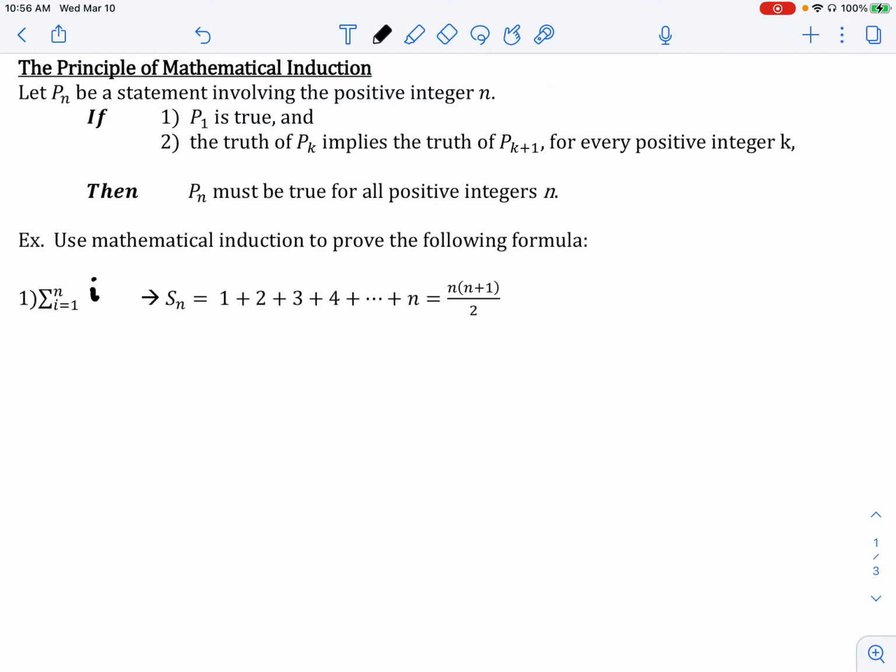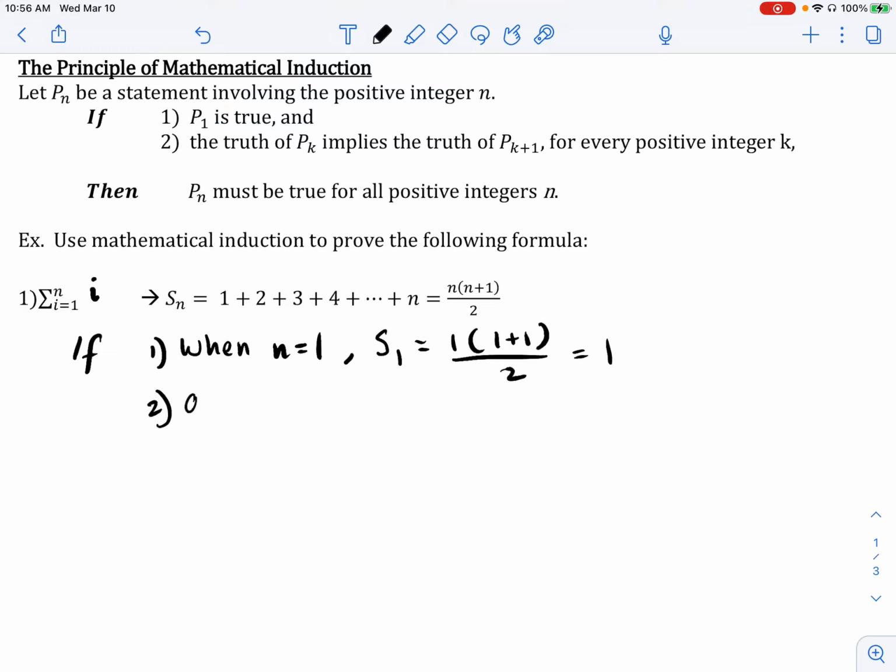First, step 1, if P sub 1 is true, in other words, when n is equal to 1, then the sum of the first term is equal to 1 times 1 plus 1 over 2, and that is equal to 1. So we've just shown that when n is equal to 1, it does work for the first term.